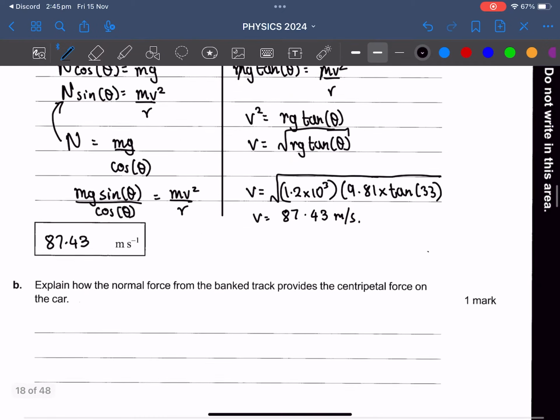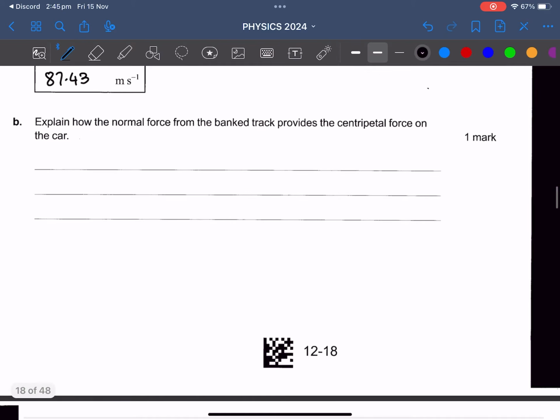Alright, explain how the normal force from the banked track provides the centripetal force on the car. Okay, so the normal force, I already mentioned this briefly just before.